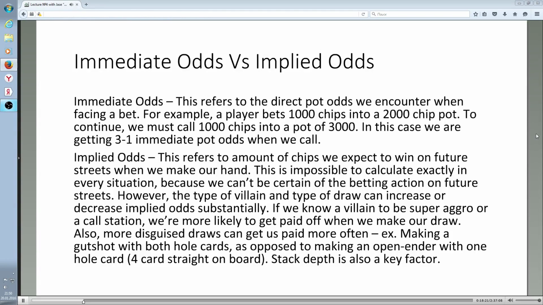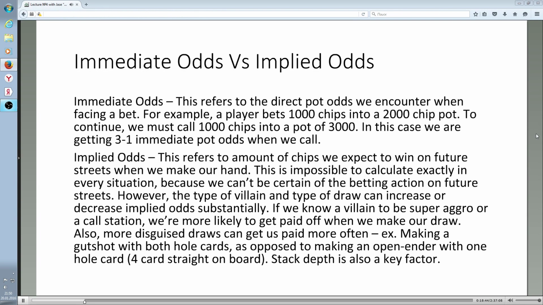Okay, we'll also talk about the difference between immediate odds versus implied odds. I think this is fairly straightforward, and most of you probably have a pretty decent grasp on it, but just to go over it quickly. Immediate odds refers to the direct pot odds we encounter when facing a bet.